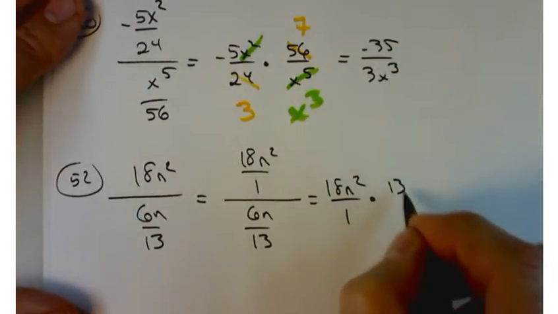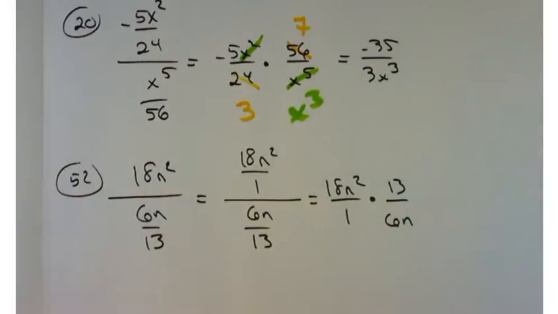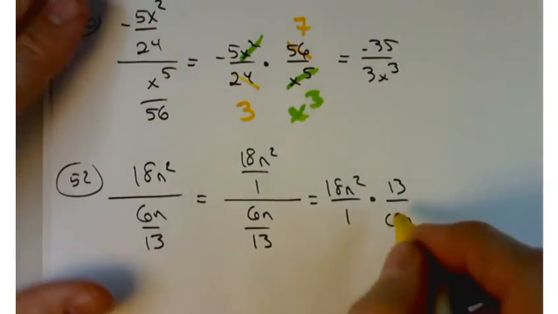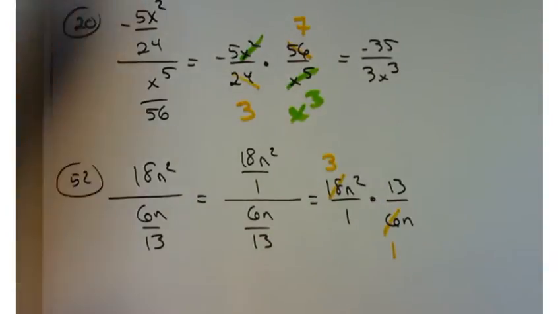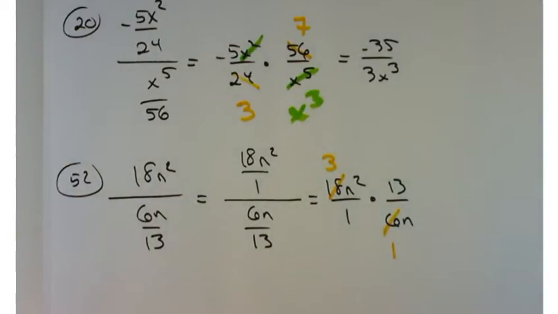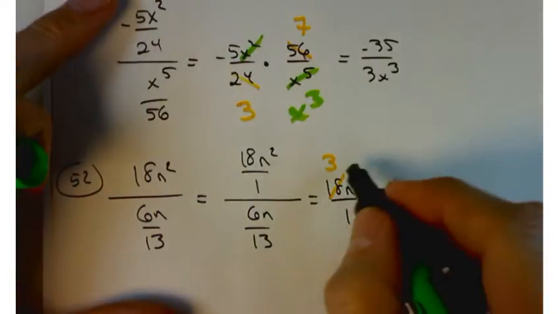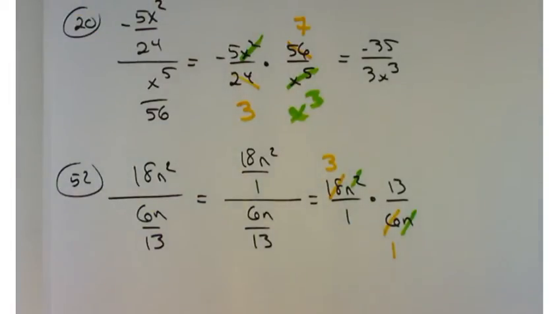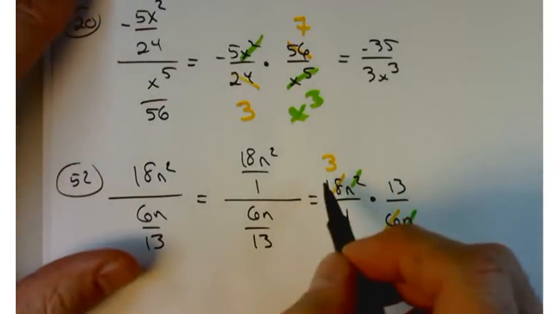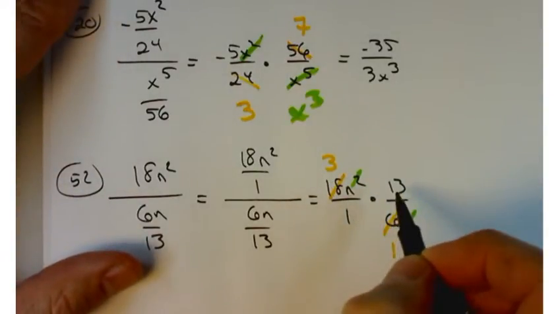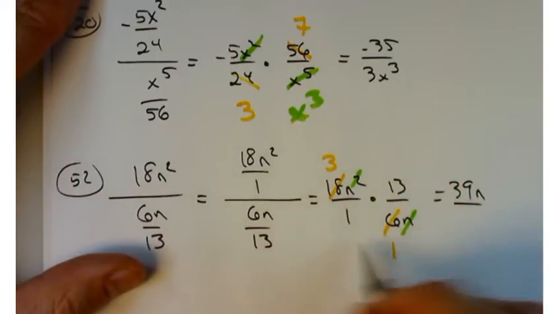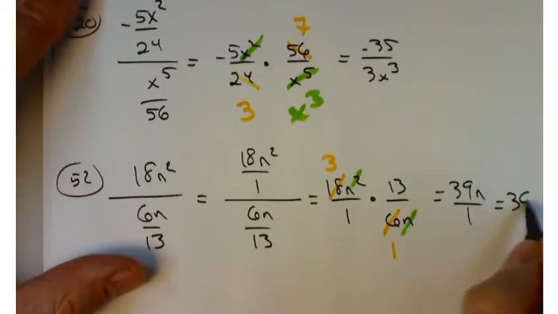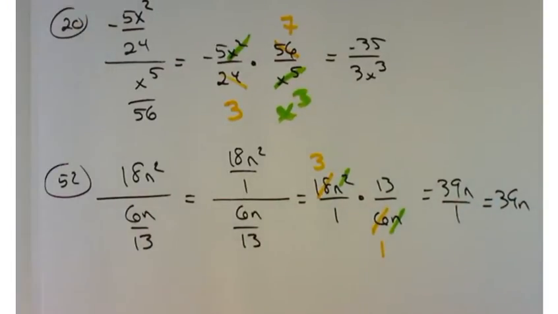So 13 over 6n. 6 goes into 6 once, n into 18 three times, and one of the n's is going to cancel, so just cancel that out. What's left? Not much. 3 times n times 13, so 39n. Technically it's 39n over 1. I'd be happiest just to see 39n.